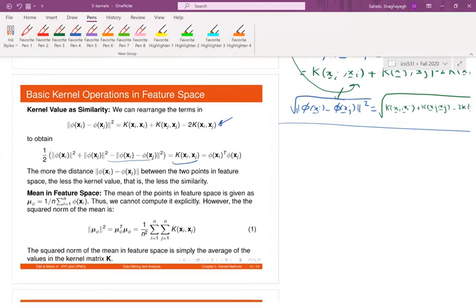In other words, the more the distance between phi of xi and phi of xj is, the less the kernel value between them is, so the less the similarity between them is, right? So that's why, although the kernel is equal to the dot product between phi of xi and phi of xj, we also see the kernel as a kind of similarity between them.